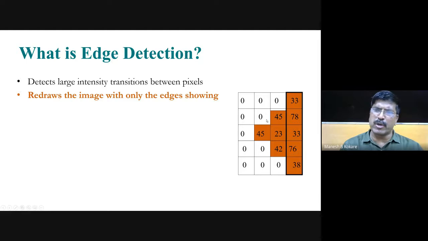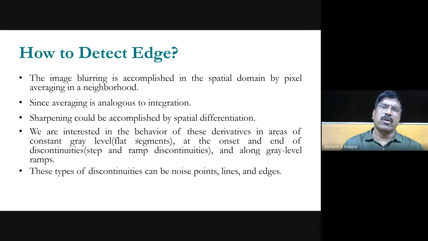A high spatial frequency component will occur, and then you will get the edge component like this in the image, right? So edges are formed in the image because of high spatial frequency components. Now, the question is how we can detect the edges in computer vision.